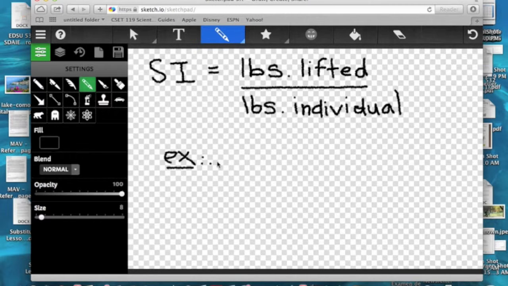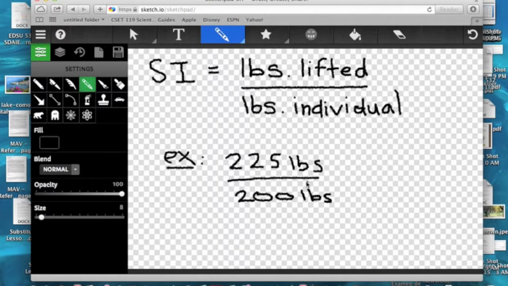So if we have someone that bench pressed 225 pounds, let's go ahead and label that. That's important right there. You want to label that. Divided by, let's say this person weighs 200 pounds. Excuse me.